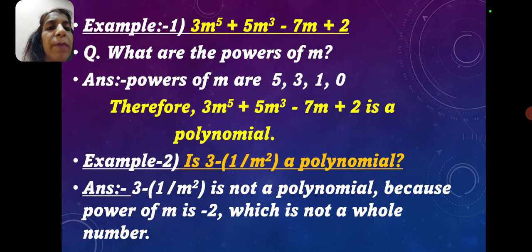So 3 minus 1 upon m square is not a polynomial. Why is it not a polynomial? Because the power of m is minus 2, which is not a whole number. Okay. Whole numbers contain only the positive numbers.